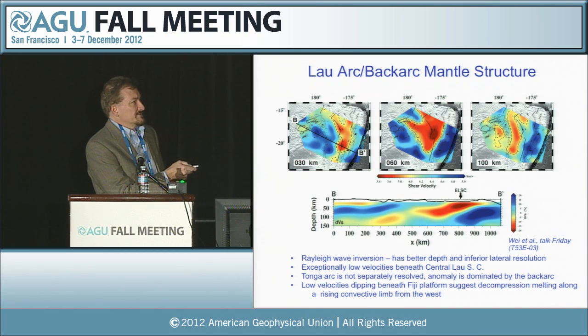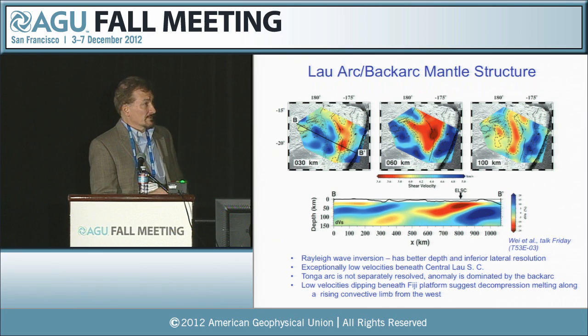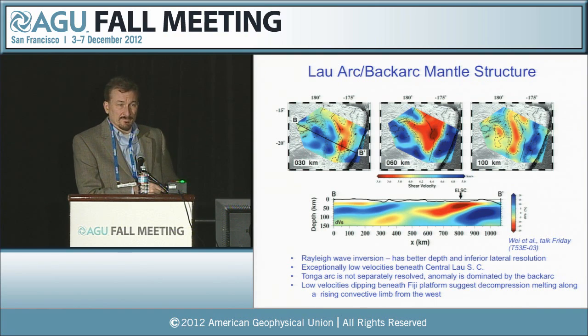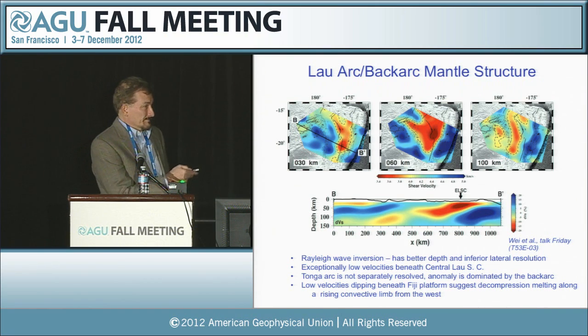These velocities here at about 60 kilometers depth beneath the central Lao spreading center are extremely low, on the order of 3.5, 3.4 kilometers per second, almost the lowest seismic velocities imaged anywhere in the Mantle in the world.